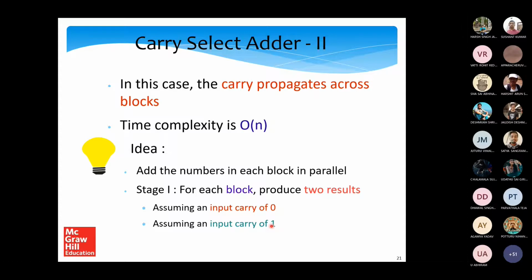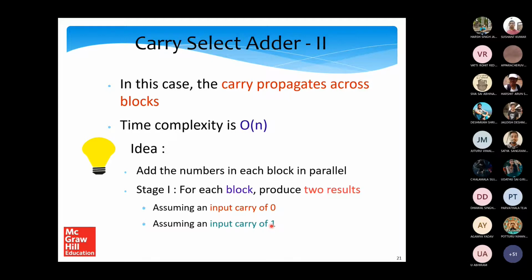If I divide the entire problem into small blocks and apply double additions for these small blocks, one adder will work with input carry 0, another adder will work with input carry 1 for the same block, and it goes on. So all can be done in parallel. Now let's assume that you divide the entire input into blocks where each block has a size of k.